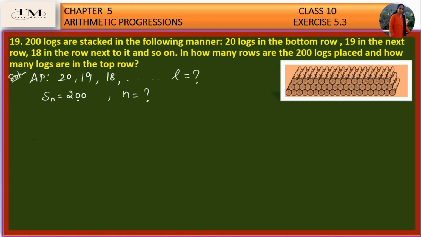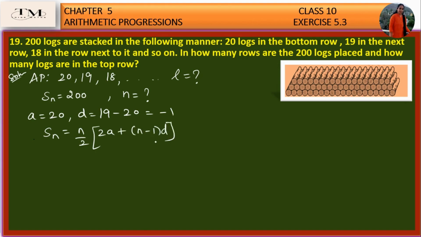Now what is given? Sn equal to 200. From this AP we can find out a is equal to 20 and d is equal to 19 minus 20, which is minus 1. So what is the formula for Sn? Sn equal to n by 2 into 2a plus n minus 1 into d.